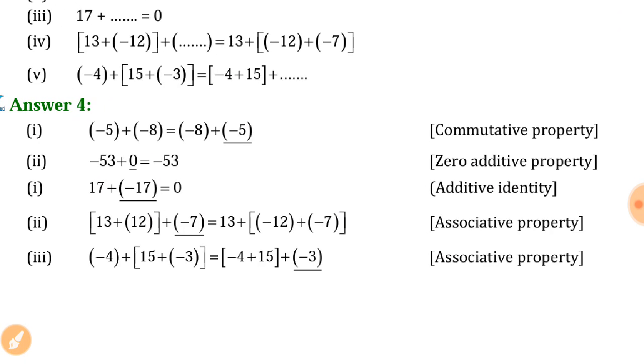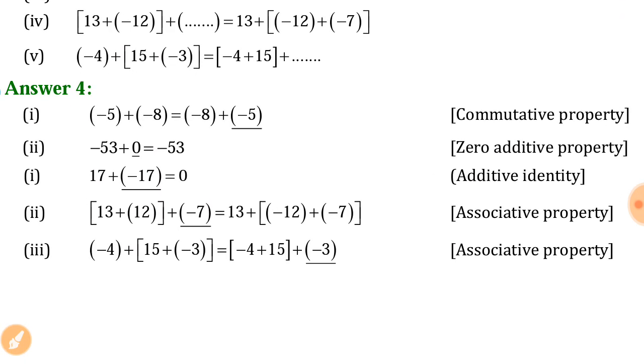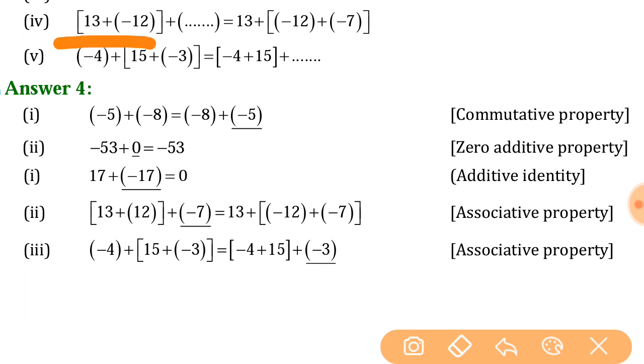See here, one more, the fourth one: 13 plus 12 minus 12. So we are associating here, plus 13 minus 12, or grouping. Associating means grouping two integers or more than two, and another integer should give the 13 plus. Here also we associated minus 12 plus minus 7.